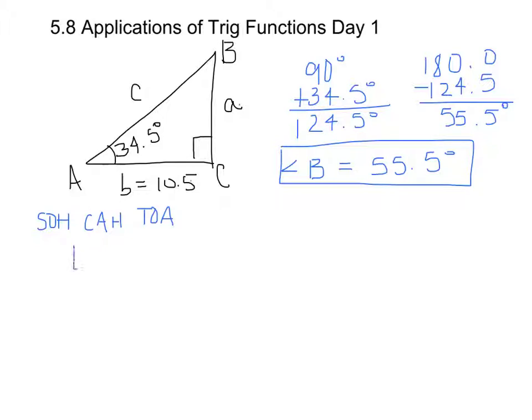So I would do tangent 34.5 degrees equals opposite, which is side A, over adjacent. And then I would just solve for A.